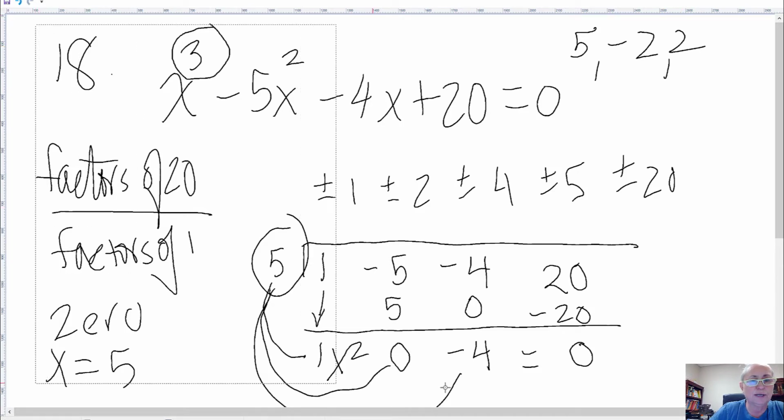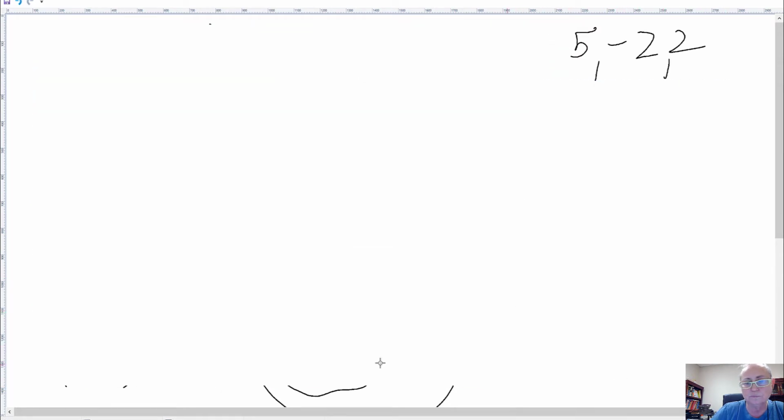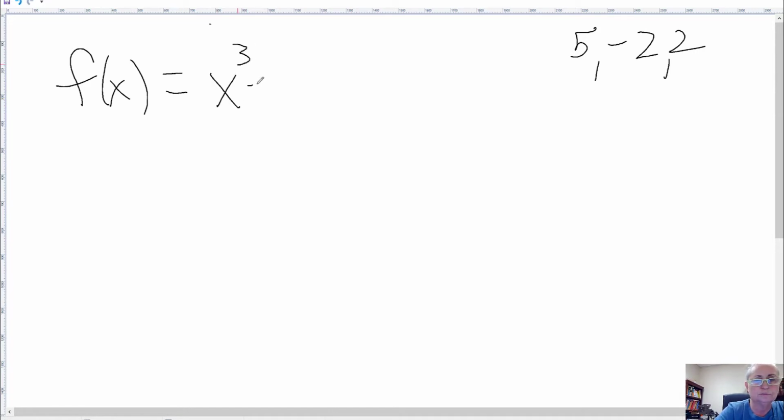So the related function is this function, not the equation, but the function. So f of x equals x cubed minus 5x squared minus 4x plus 20.